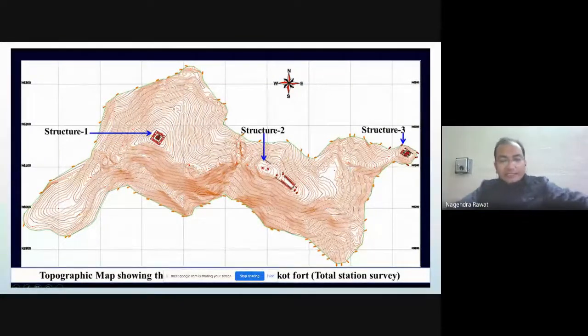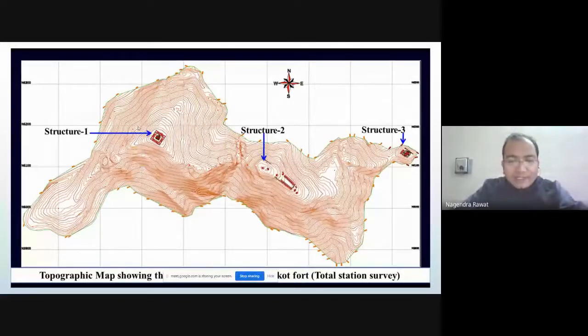This entire area was mapped using the total station instrument. Before using the total station, in my record I had data of only two structures, structure one and structure two.